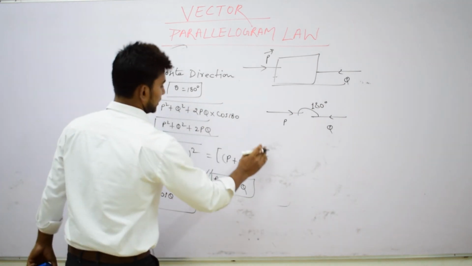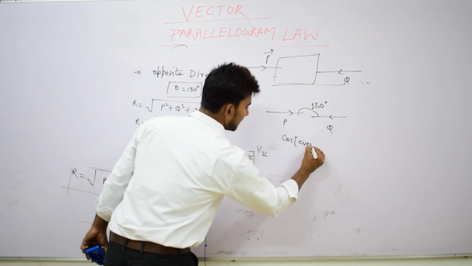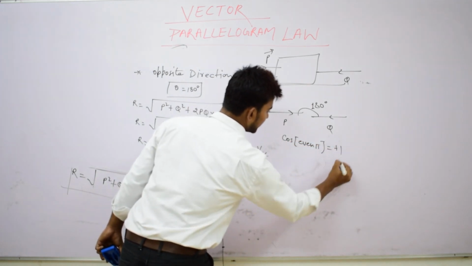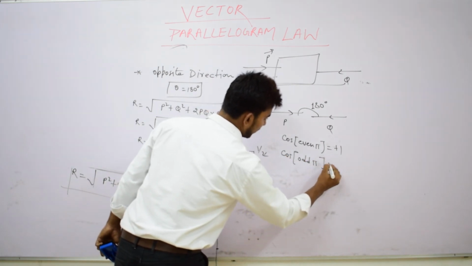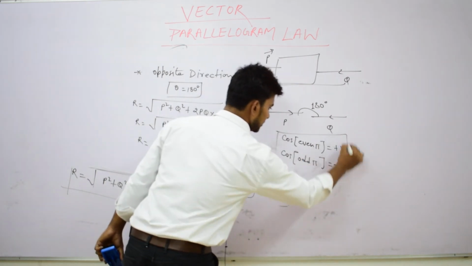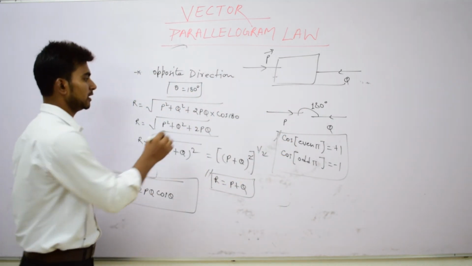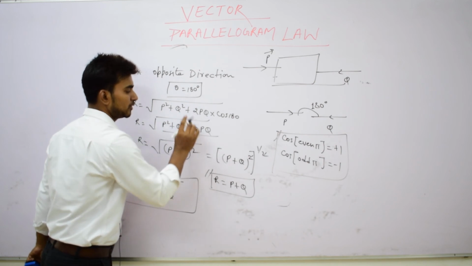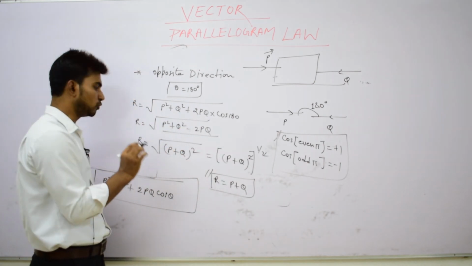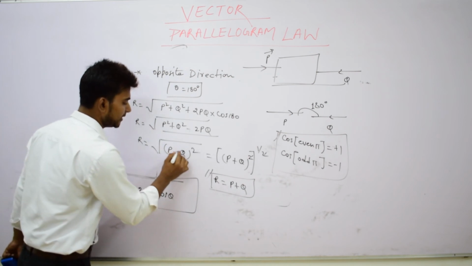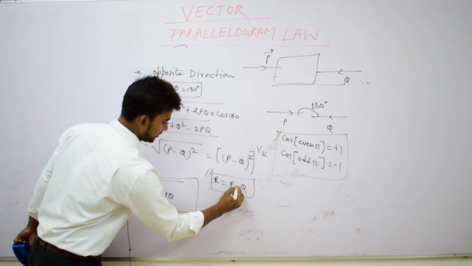You have to understand this thing: cos of even pi is always +1 and cos of odd pi is always -1. Always remember these two terms. So cos 180 is -1. So -1 will be multiplied with 2PQ and that will be minus, meaning P square plus Q square minus 2PQ, and here (P minus Q) whole square.